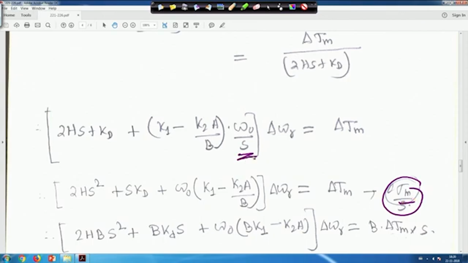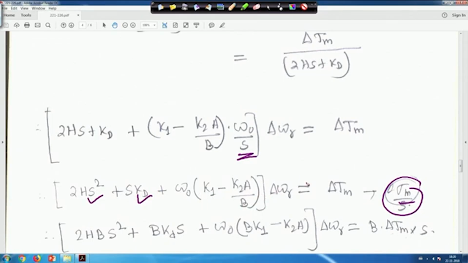So, both sides you multiply by s. It will be 2Hs square plus sKd plus omega 0 (K1 minus K2 a upon b), s will not be there, omega 0 is there.